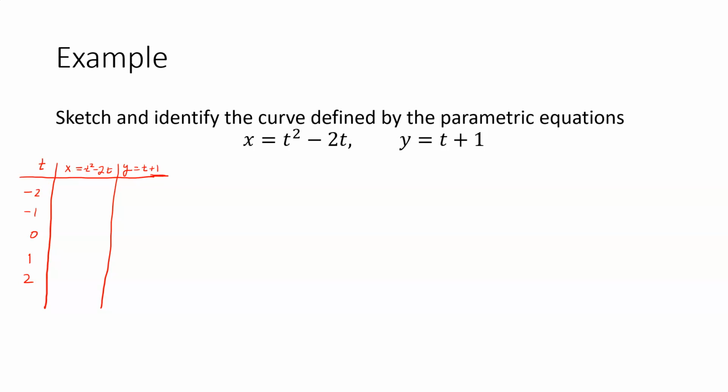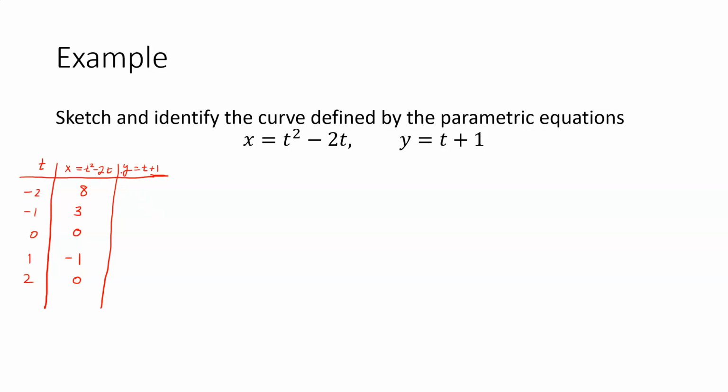So negative 2 squared minus 2t. We would have an x coordinate of 4 plus 4, which is 8. And then negative 1 squared minus 2 times negative 1 would be 1 plus 2, which is 3. And then 0. And 1 minus 2 is negative 1. And then 4 minus 4 is 0.